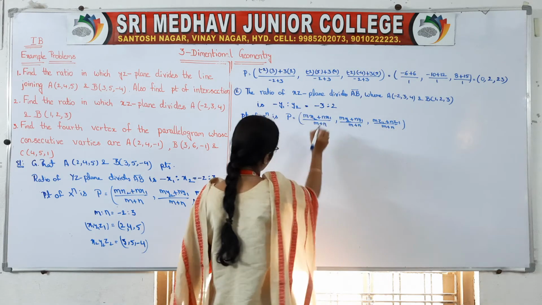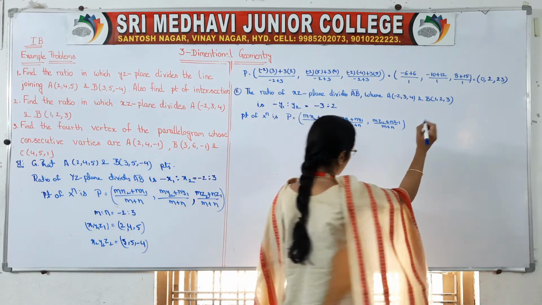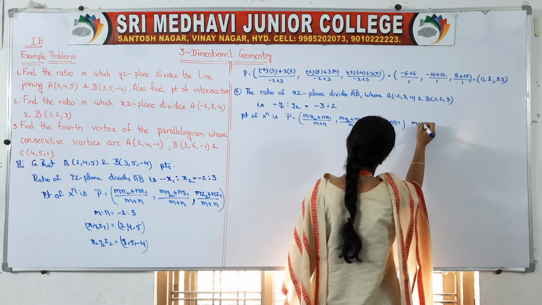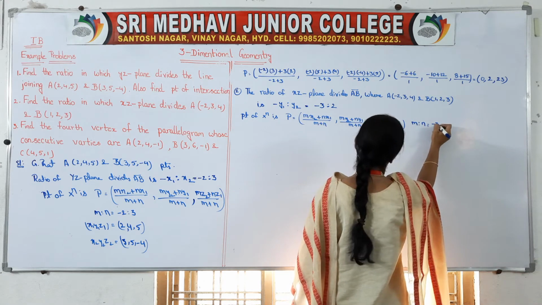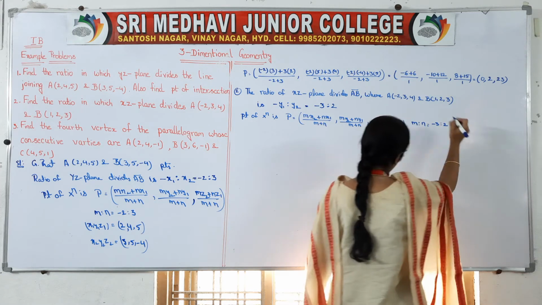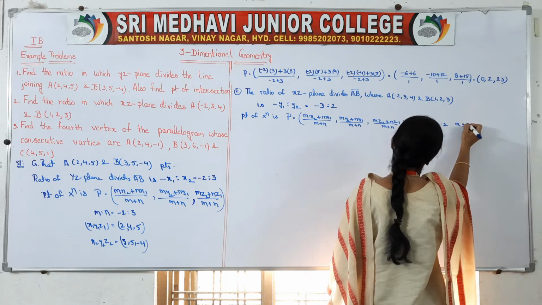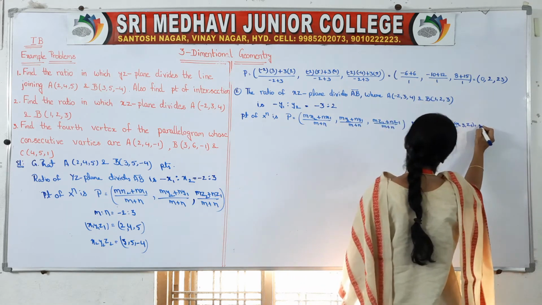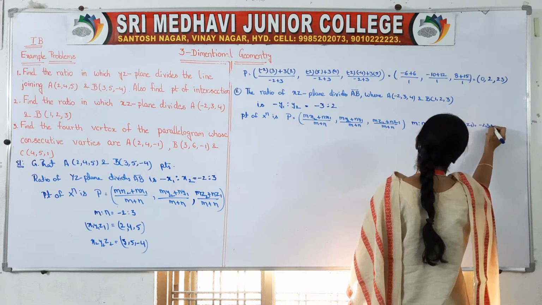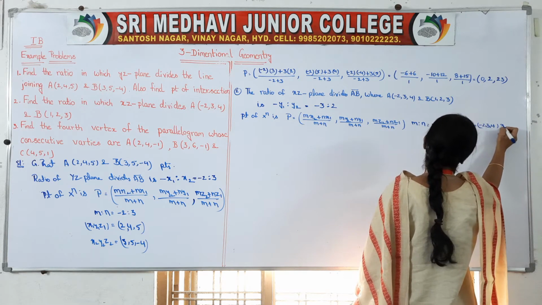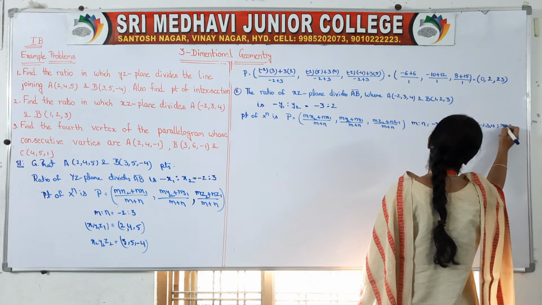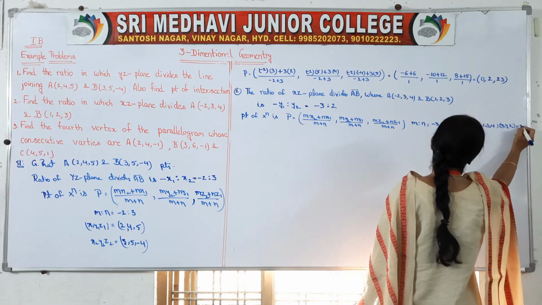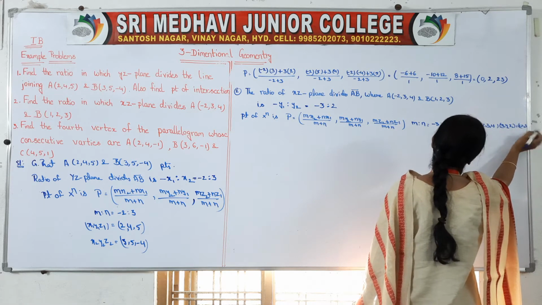So here you mention all your values. M is to n is equal to minus 3 is to 2, and x1, y1, z1 is equal to the A point minus 2, 3, 4 and x2, y2, z2 is equal to 1, 2, 3.